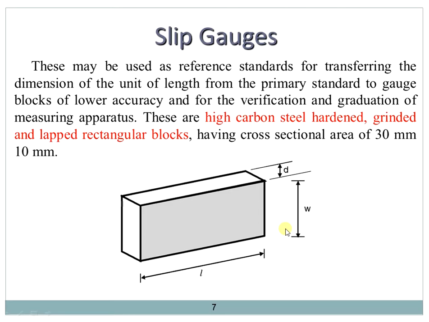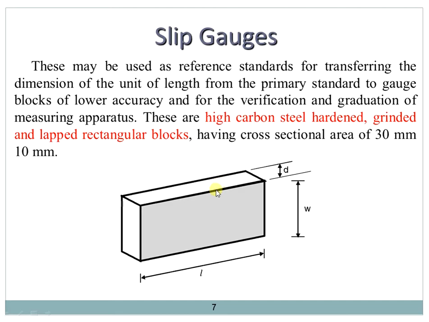Now, angular measuring instruments. The first one is the slip gauge. A slip gauge is a block of high carbon steel which is hardened and ground, with a lapping process over it. Each block has length, width and depth, and two faces with a highly mirror finish, so lapping is followed.